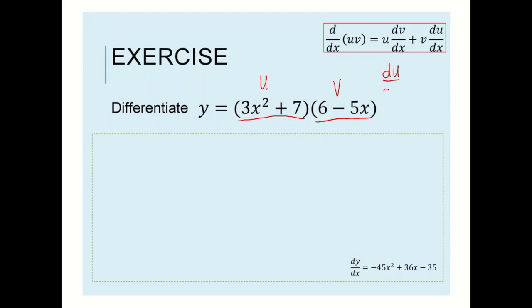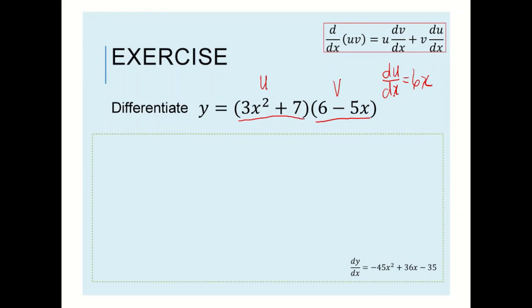For the second function, 6 minus 5x, differentiating 6 we get 0, and differentiating x we get 1, so minus 5 times 1, which is negative 5.